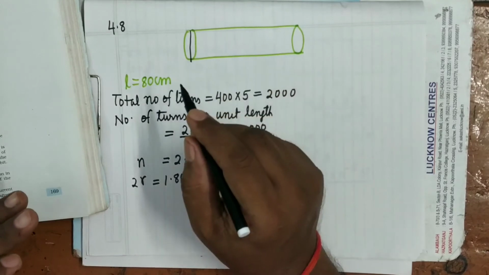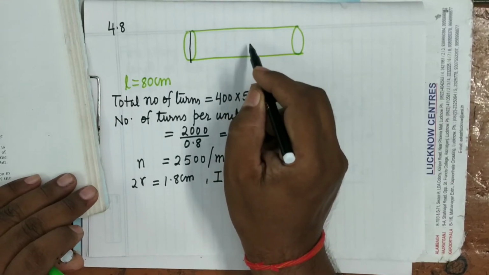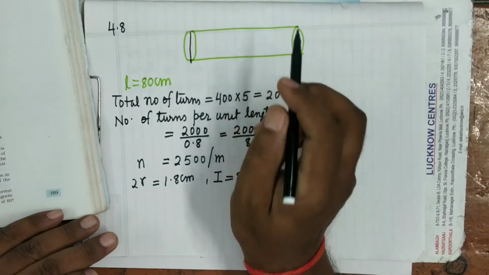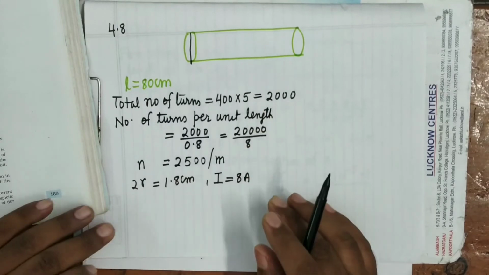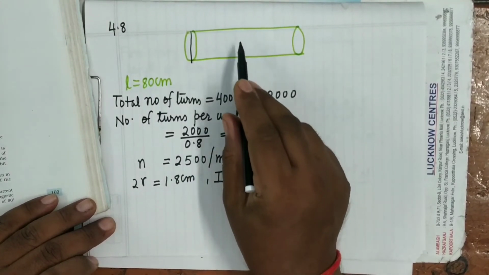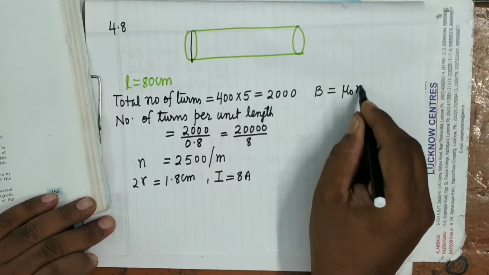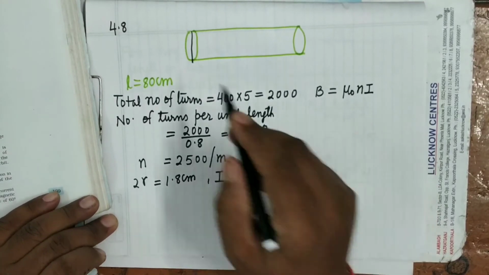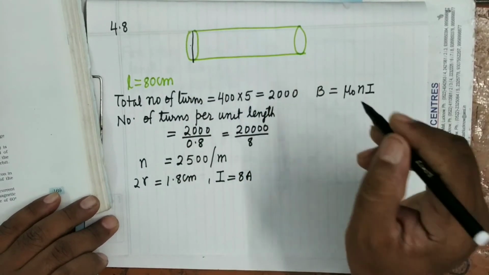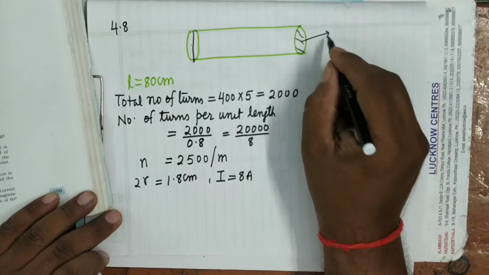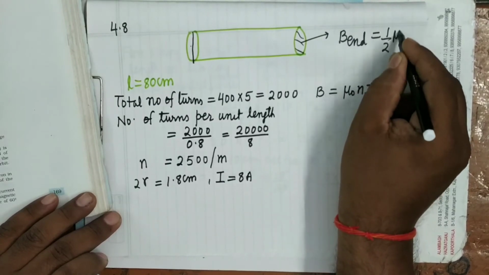So as we know, in a solenoid, the magnetic field at the center will be mu naught n I, mu naught into small n into capital I. If it is of finite length, then well within the solenoid at the center, B will be equal to mu naught n I. And at the ends, because this is a finite length, it will be half of this, 1/2 mu naught n I.